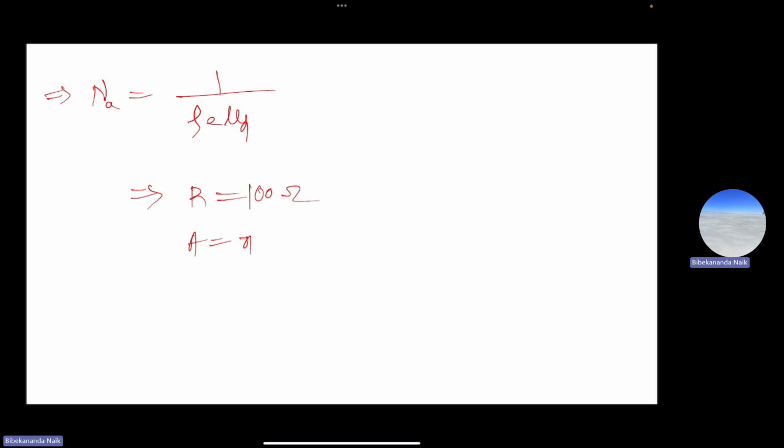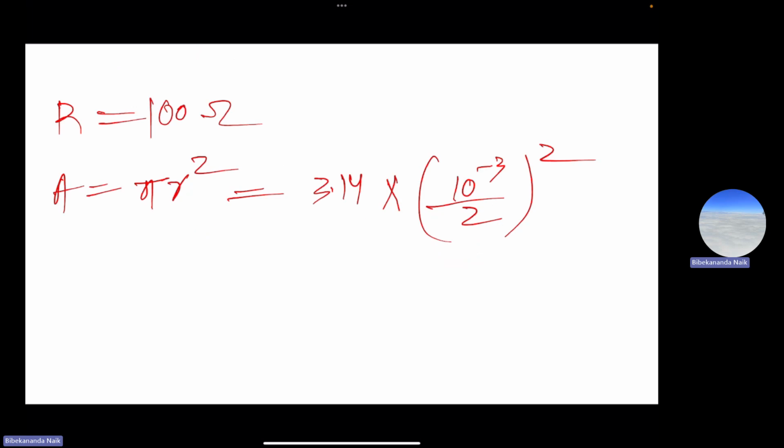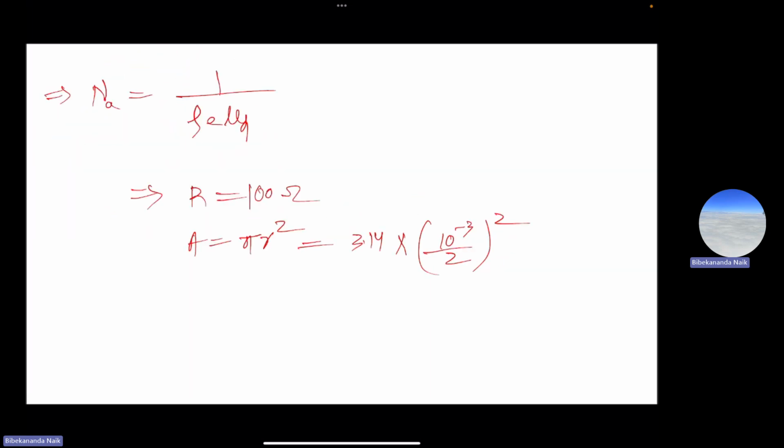A will be pi r square, which is 3.14 into (10 to the power minus 3 by 2) square. 1 mm is the diameter, so converting into meter, it will be 10 to the minus 3, and the radius will be by 2, so it will be squared. Then L is 10 mm, given to us, so it will be 10 to the power minus 2 meter.